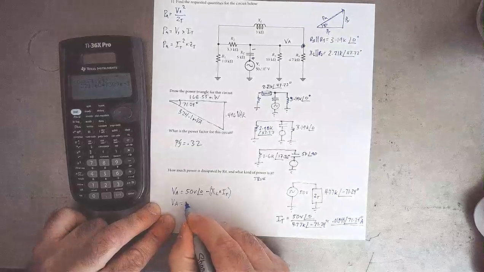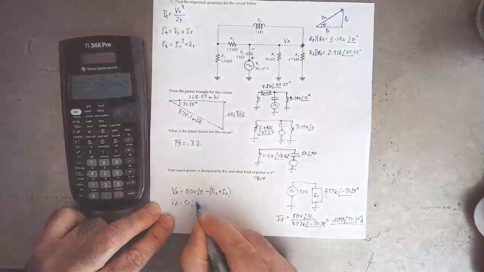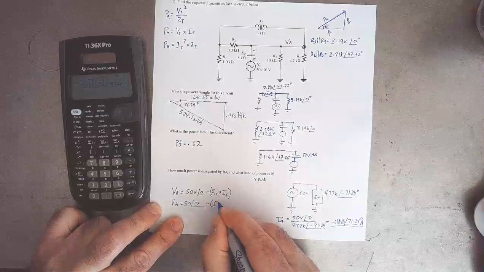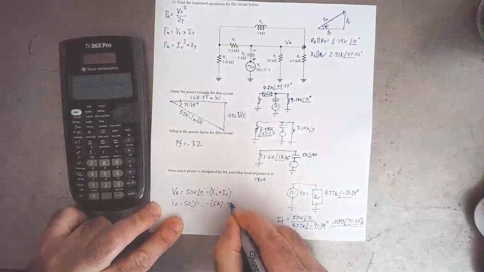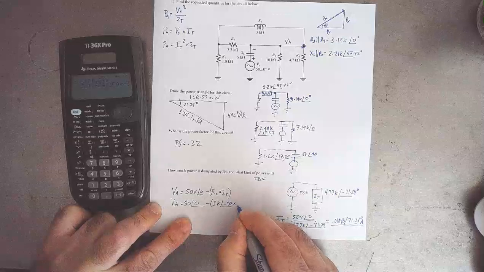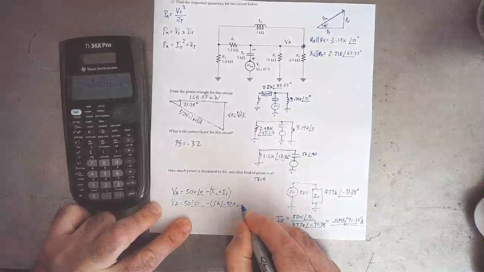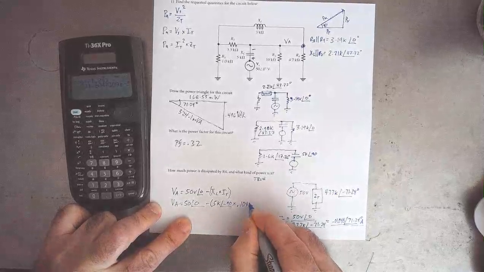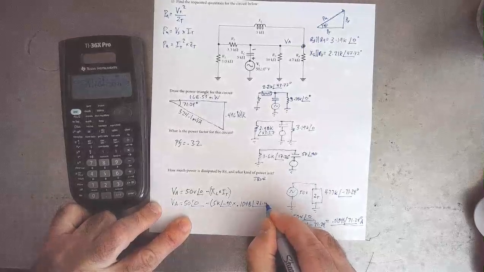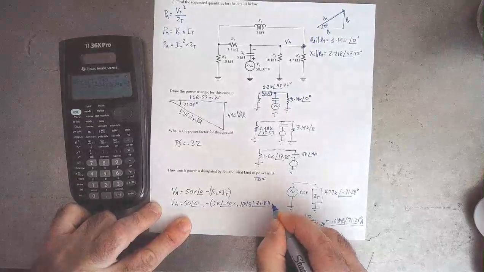VA equals 50 at 0 minus, what is that? 5K at negative 90 times 0.1048 at an angle of 71.24.